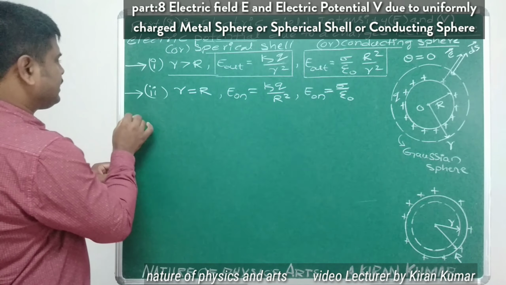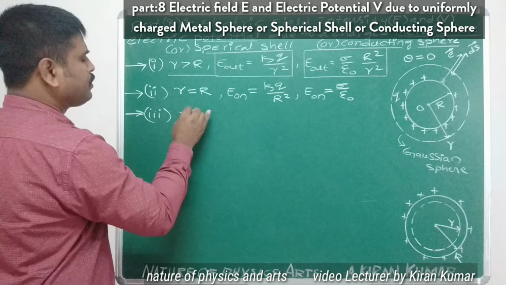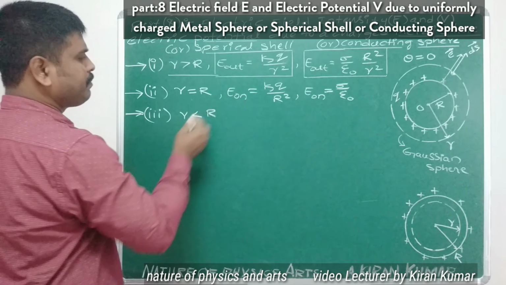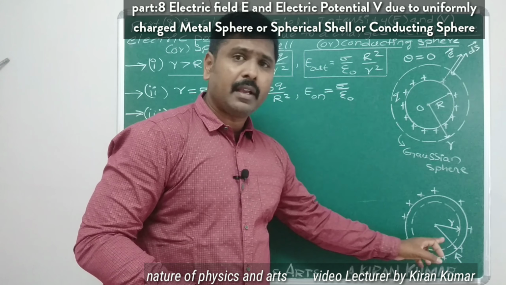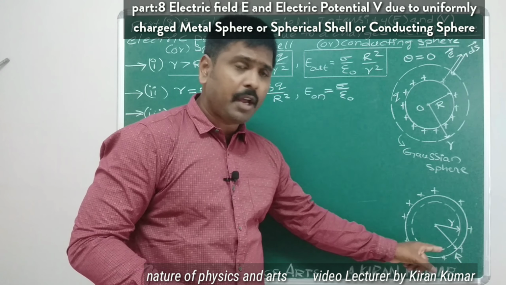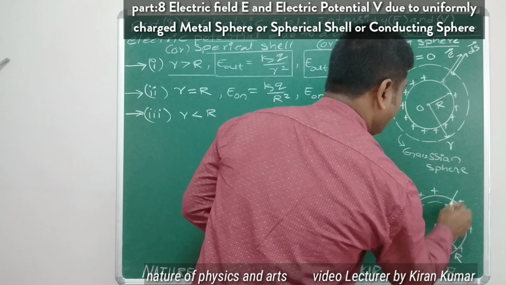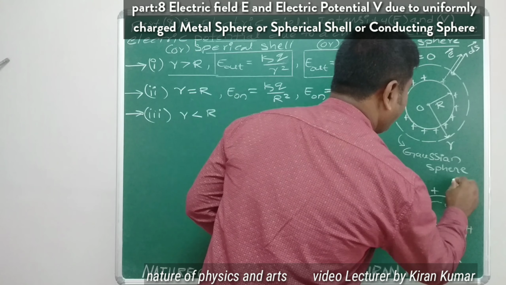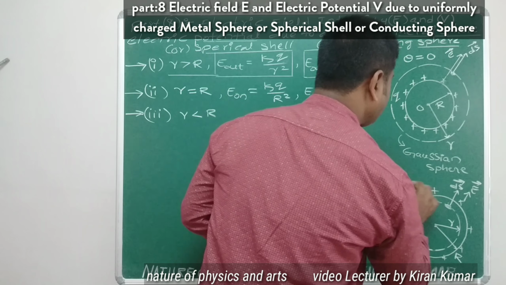And next is the third condition, inside the spherical shell. Small r is less than capital R, that is, the Gaussian sphere is inside the spherical shell, as I clearly gave in the diagram. Here we assume a small element, this is the ds bar area vector and this is the electric field, both along the same direction.